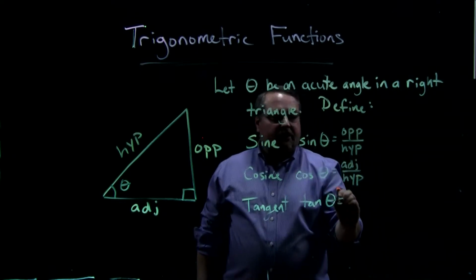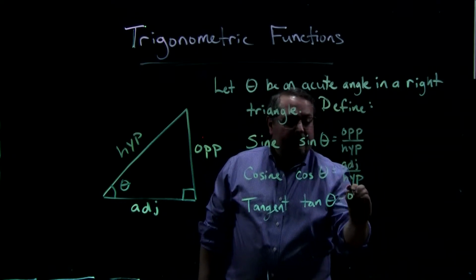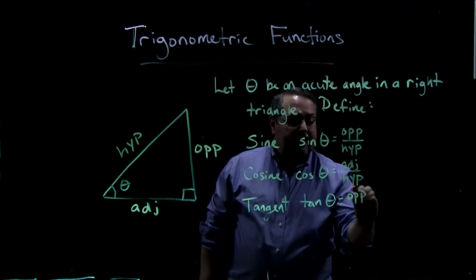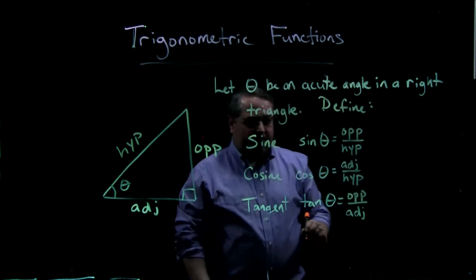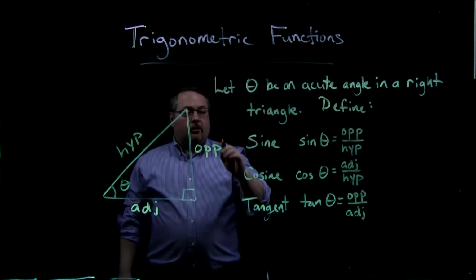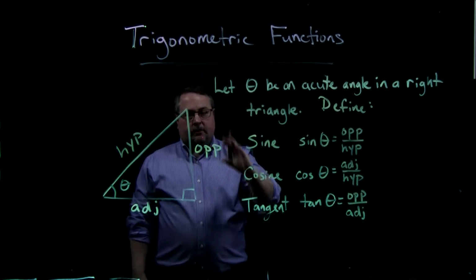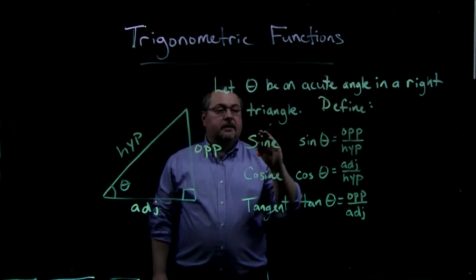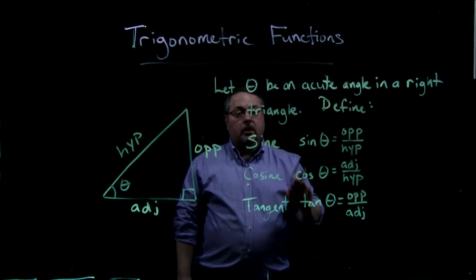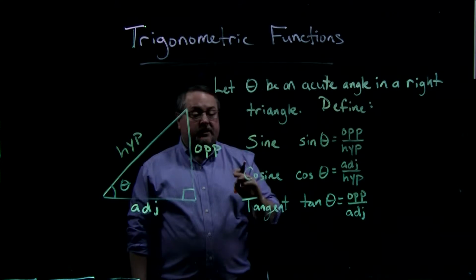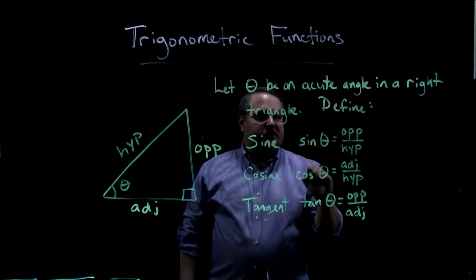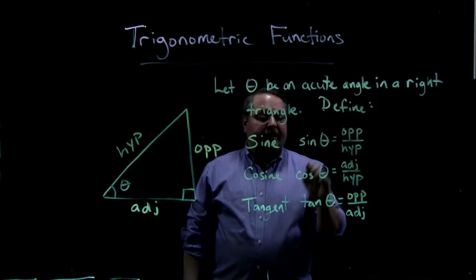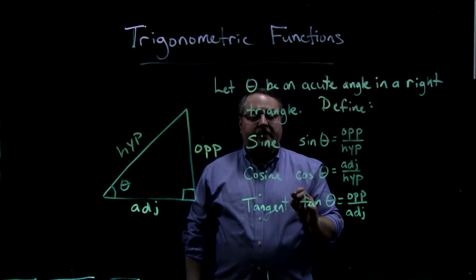And the tangent is going to be defined to be the length of the opposite side over the length of the adjacent side. So these are our 3, these are sometimes called fundamental trigonometric functions because the other 3 are going to arise by taking reciprocals. So sine is opposite over hypotenuse, cosine is adjacent over hypotenuse, tangent is opposite over adjacent.